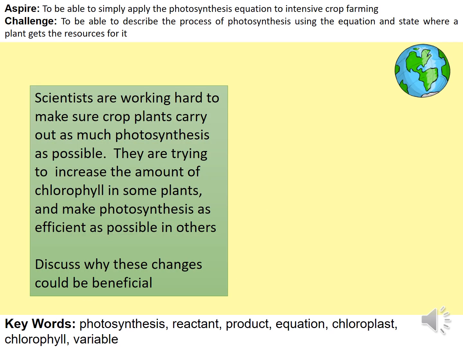Okay, this is big stuff, so let's look at it carefully. Scientists are working hard to make sure that crop plants carry out as much photosynthesis as possible. They're trying to increase the amount of chlorophyll in some plants and make photosynthesis as efficient as possible in others. So I'd like you to do some thinking for a second. Why would it matter on this planet that we made photosynthesis go as quickly as possible?